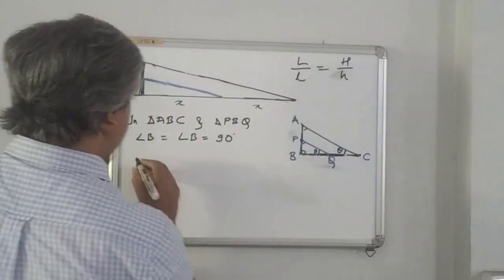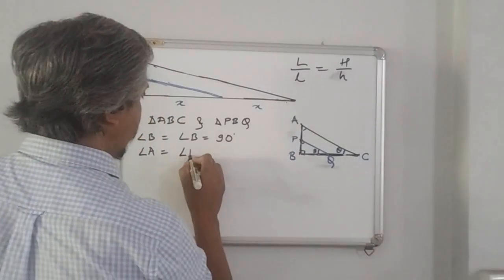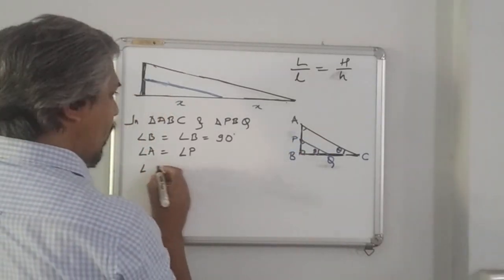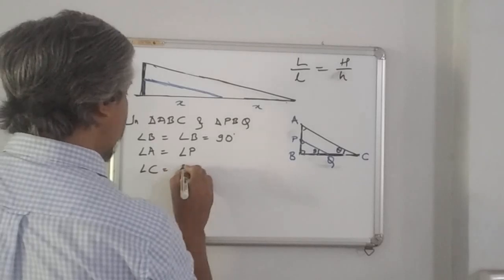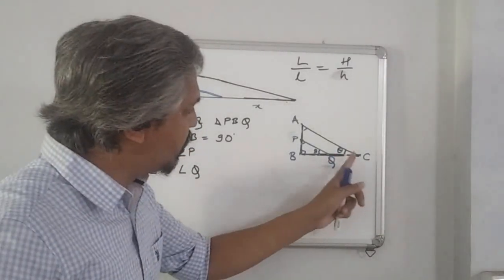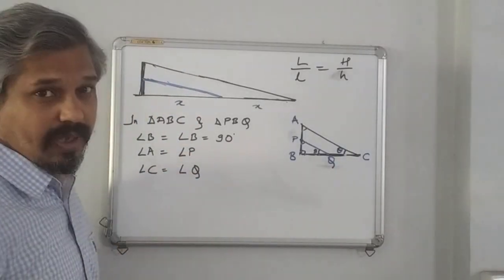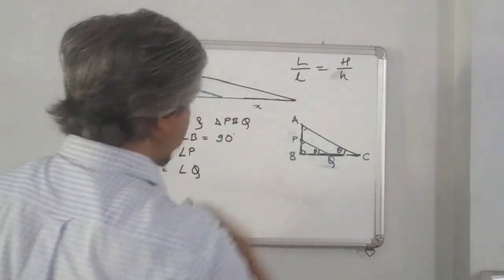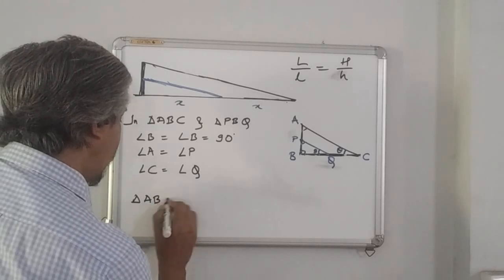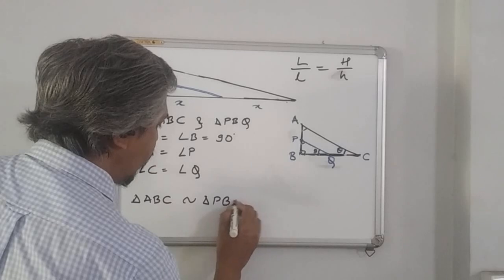The angle A is equal to angle P. This is again corresponding angles, very obvious. And angle C is equal to angle Q. It is also very obvious because these two are also corresponding angles. So if all three angles are the same, then the triangles are called similar triangles. And we write it like triangle ABC is similar to triangle PBQ.